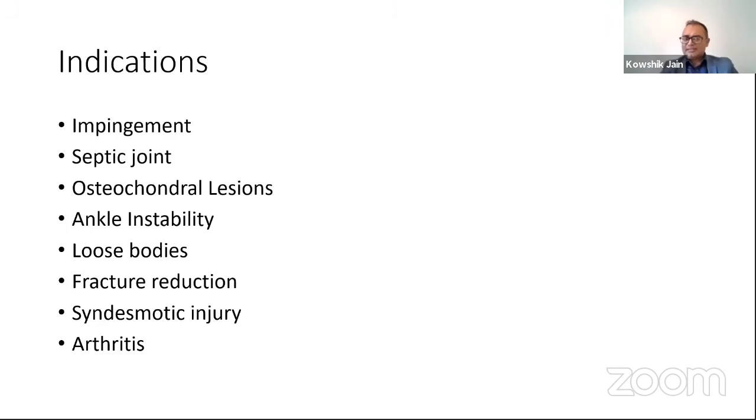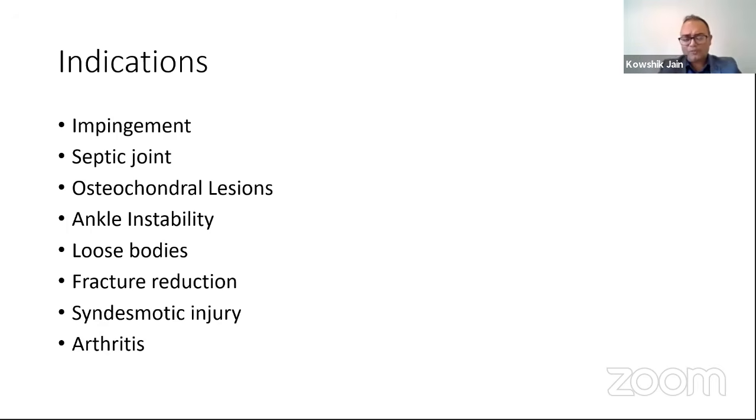Ankle instability. This is interesting. In the past, when MRI was not being used that commonly in ankle pathologies, it was mandatory that we perform ankle scope when dealing with ankle instability, because close to 50% of these patients will have some intra-articular pathology, most commonly osteochondral lesions, but it could be impingements or loose bodies within the ankle joint.